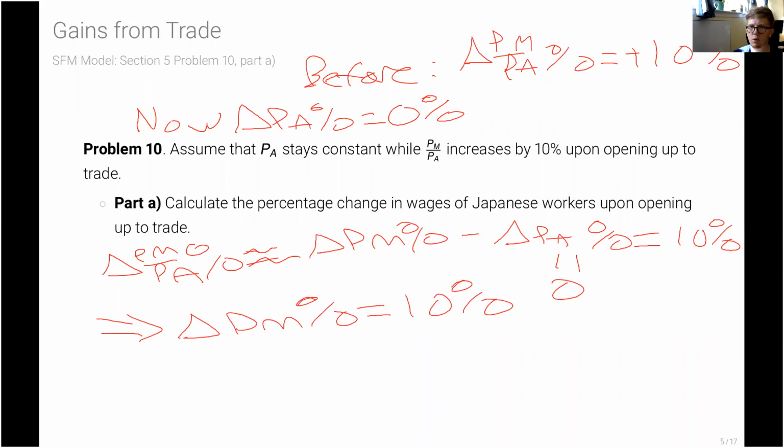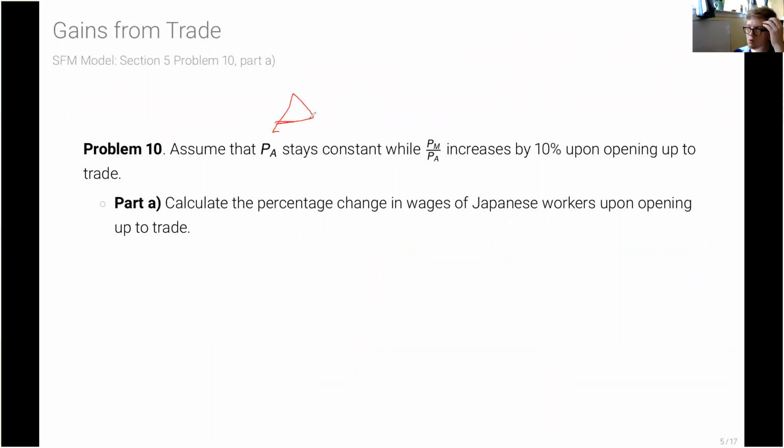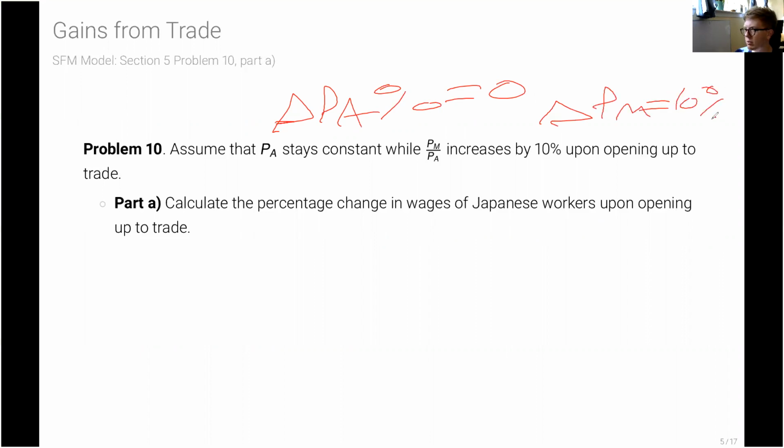Okay, so now that we've made this assumption, we know precisely what each price is going to change by, which is a little bit stronger than knowing solely what the relative price is going to change by. And so problem 10, giving us this information, then asks us in part A to calculate the percentage change in the wages of Japanese workers upon opening trade.